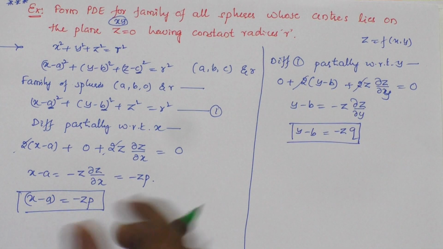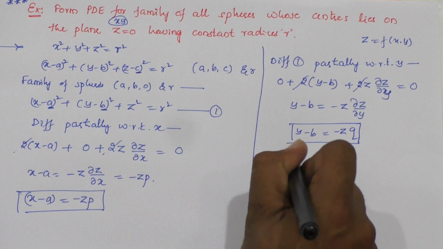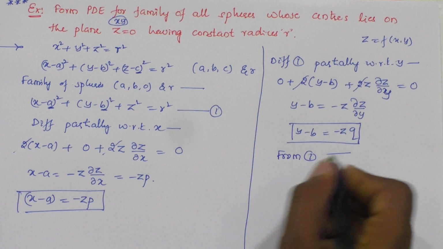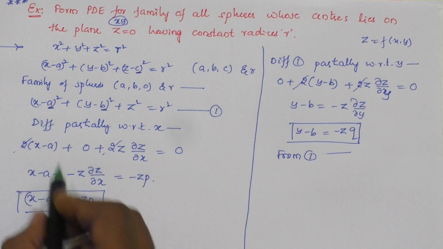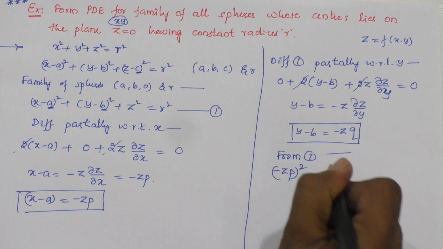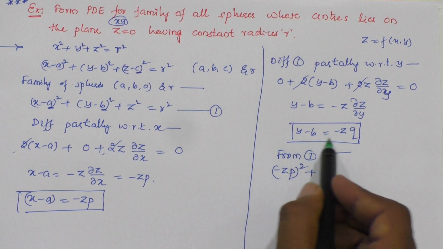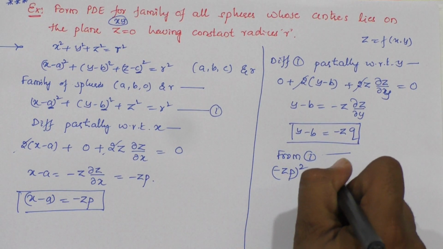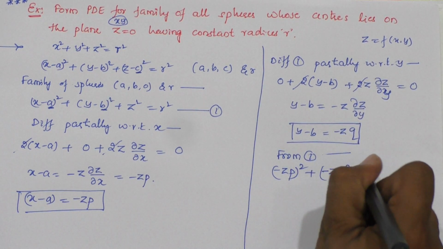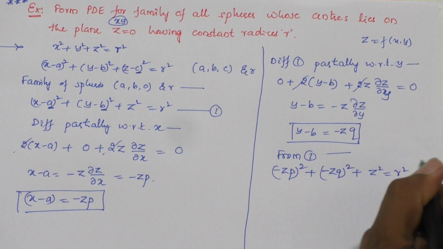So we got x minus a and y minus b. Now substitute both in equation 1. So from equation 1, x minus a square, x minus a is minus zp squared, plus y minus b square, y minus b is minus zq squared, plus z square equal to r square.